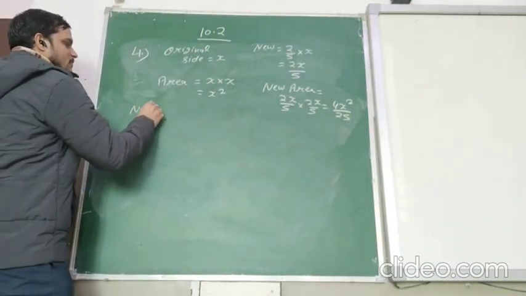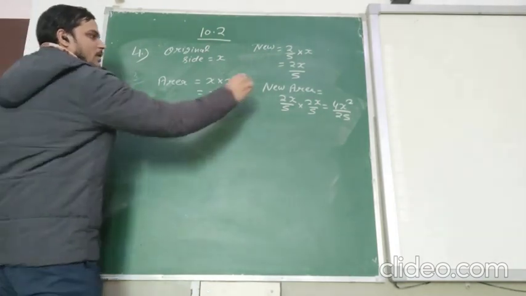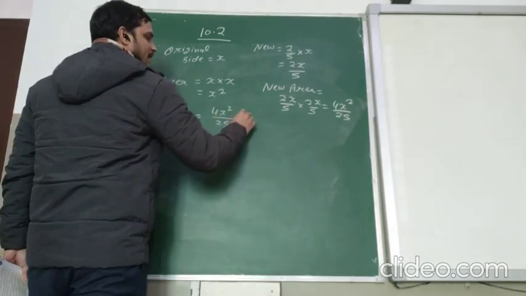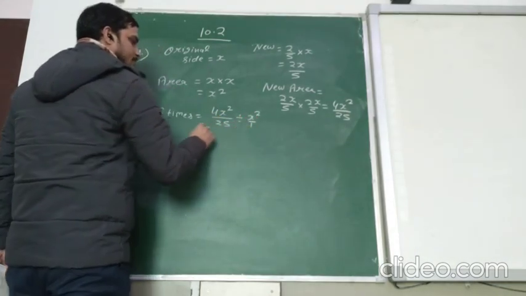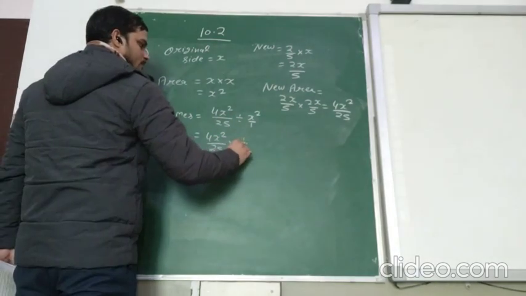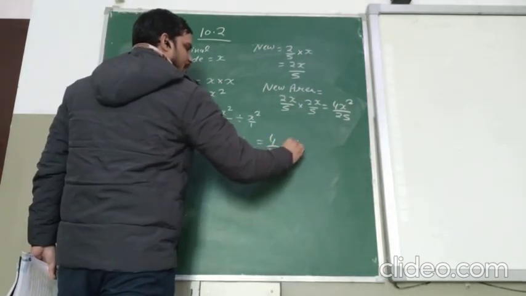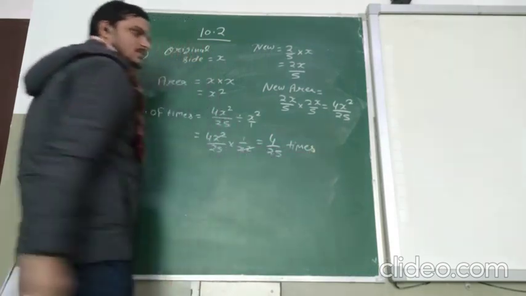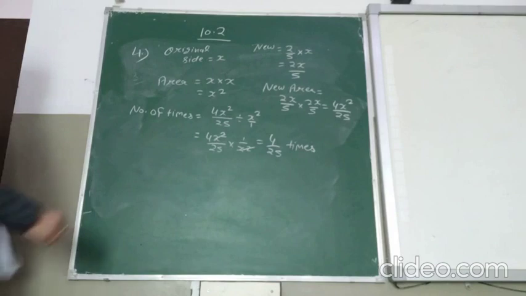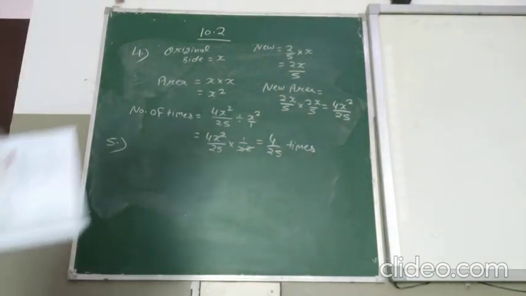Number of times formula, new area divided by old area. So you can say that is 4 upon 25 times. ये area होगा.